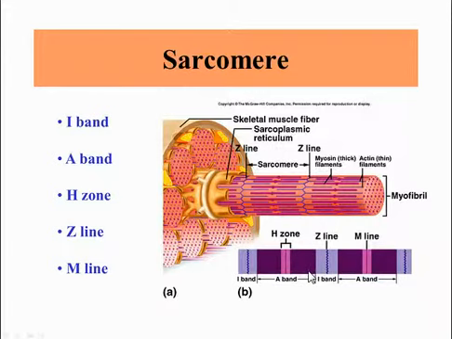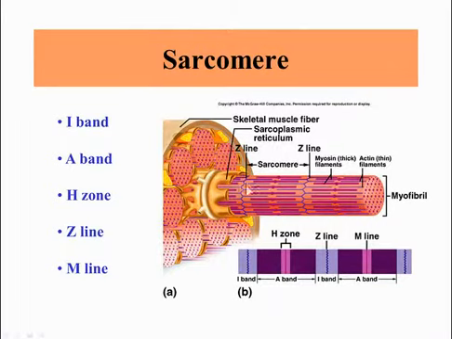So we say that skeletal muscle is striated, and that gives the striated appearance. By the way, these bands are named according to the amount of light that is allowed to pass through them in a sample on a slide.